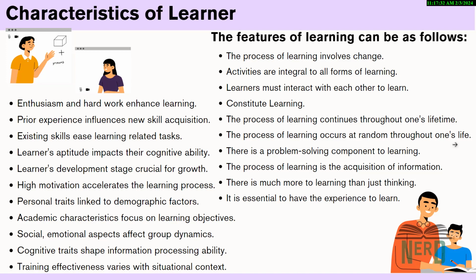So learners are also influenced by their stage of development. For instance, younger learners might need more concrete examples and can't handle abstract concepts as well as adults, right? It's like how younger kids enjoy simple games, while older people might prefer something more challenging.